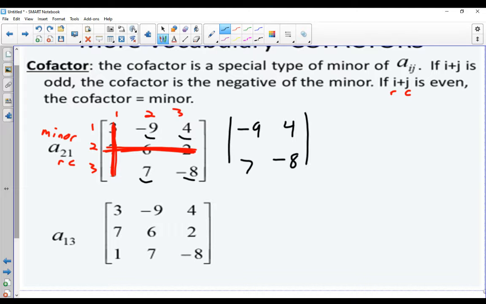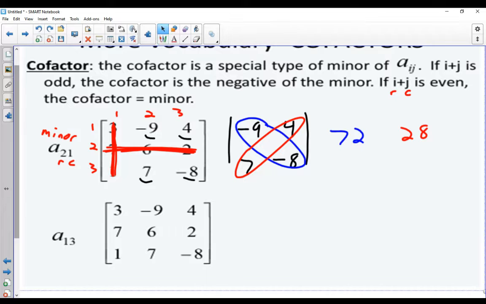Go ahead, find the determinant of that. Downwards diagonal is 72. Upwards diagonal, 7 times 4 is 28. And once you have those 2 numbers, subtract. So then 72 minus 28 is 44.